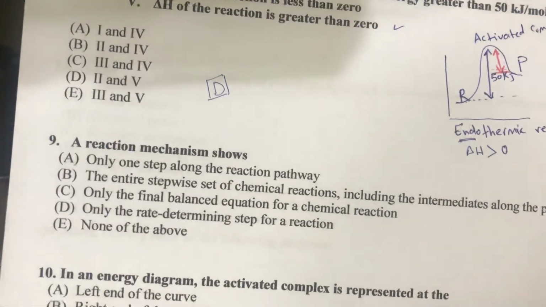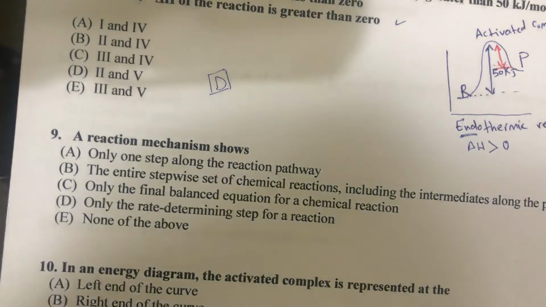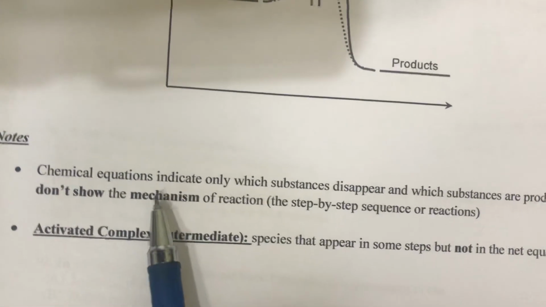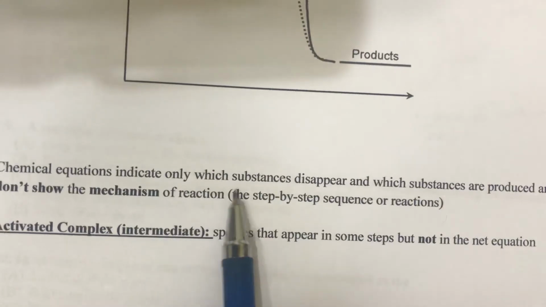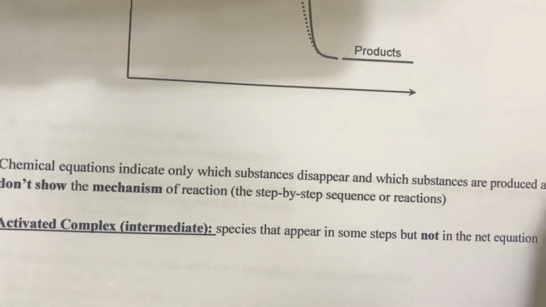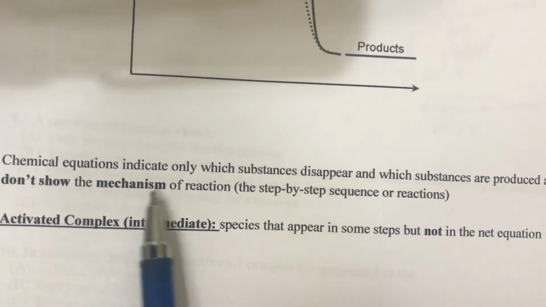Now question 9. A reaction mechanism shows here chemical equations indicate only which substances disappear and which substances are produced, and they don't show the mechanism. Mechanism means what?